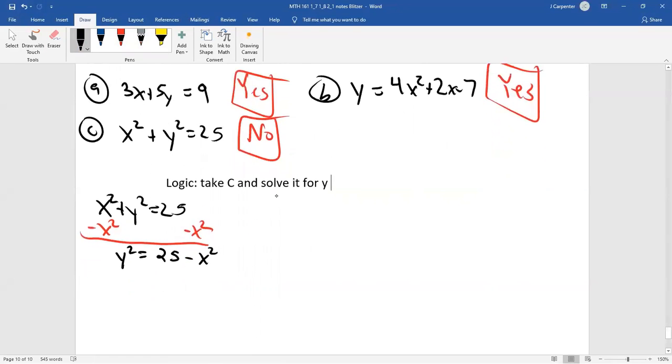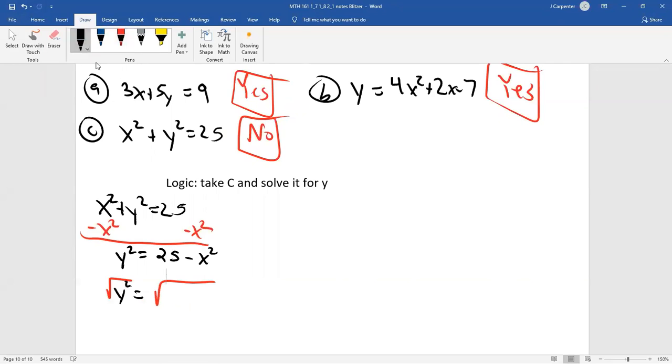Now, I don't care what this is. It's just something. If you have something squared equal to something else, if you wanted to solve for this thing, you might say, take the square root of both sides. This is what you might say. And you're close, but you're off by just a teeny bit.